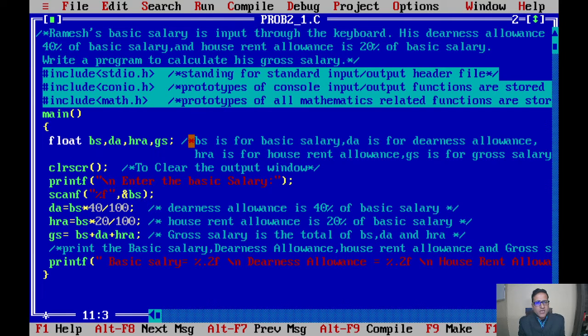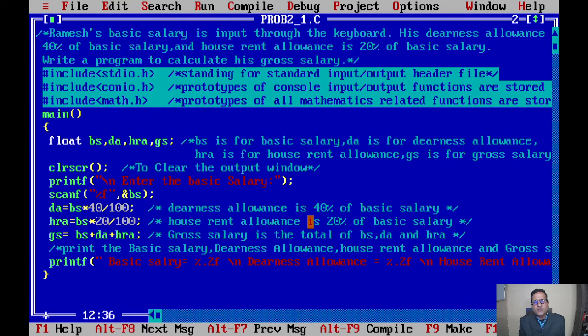After that, we use a function here clrscr, which is used to clear the output window so that previous outputs are cleared. Likewise, in this we use printf and write here \n. As I told that this \n is for the next line, and it will be written here enter the basic salary.